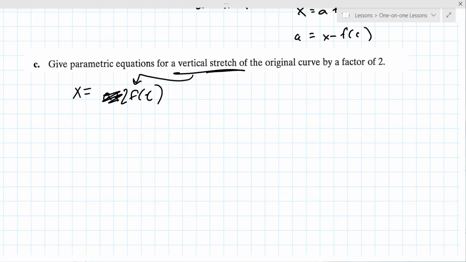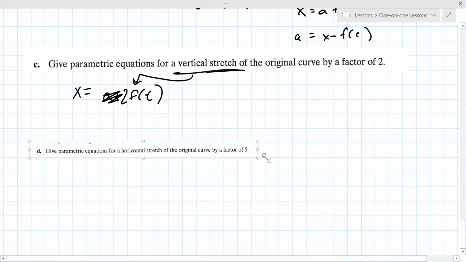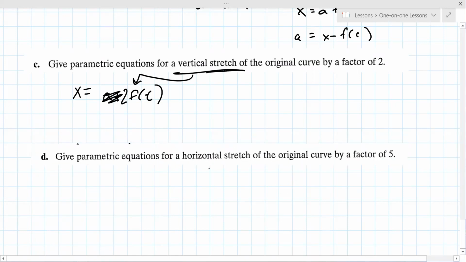Part D is a horizontal stretch. That is inside the function. So it'd be like f of t plus 2, but it's a factor of 5. It's f of 1 over k x, and this k ends up being the stretch factor.